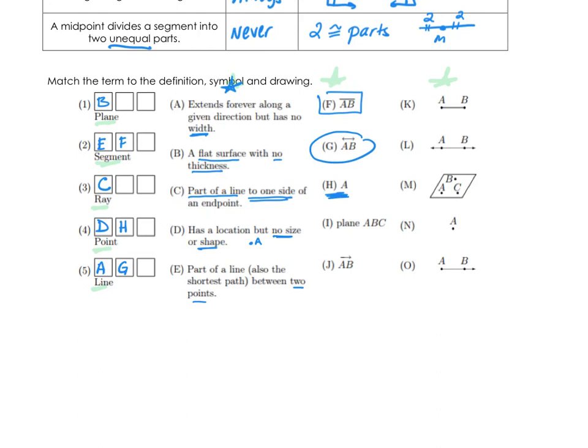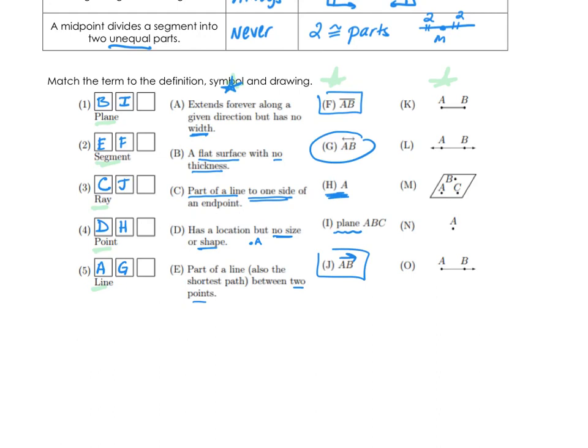This one has the word plane. If you miss this one, we need to talk. That's a plane, I. And the last one, this guy has an arrow going to the right, only in one direction. That's a ray, so that's going to be letter J for that one.